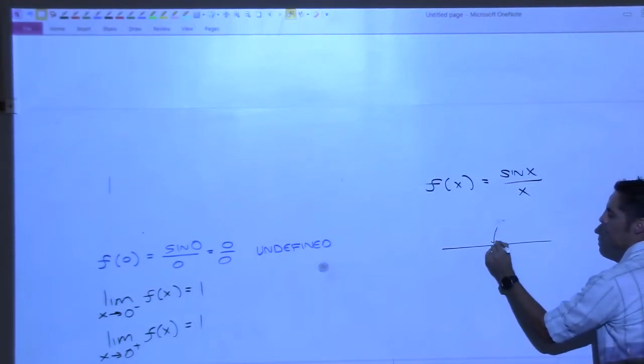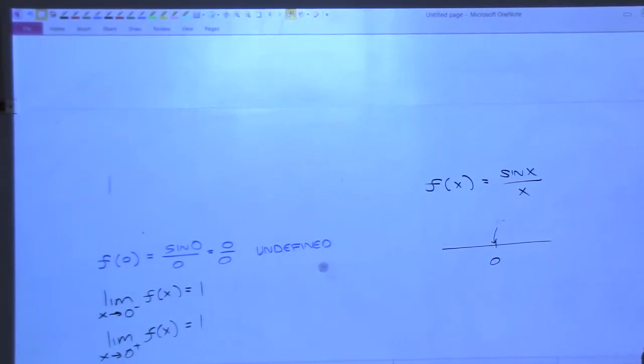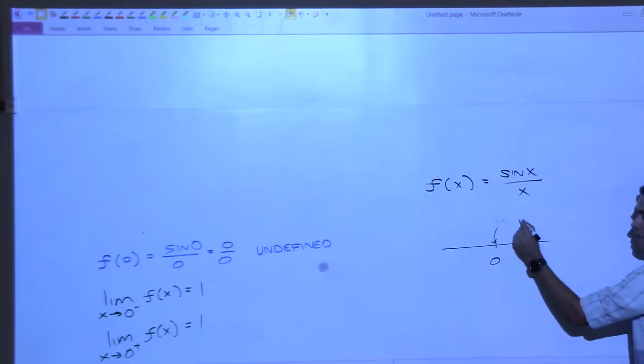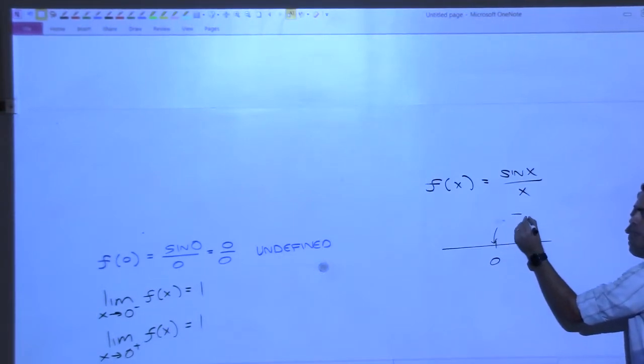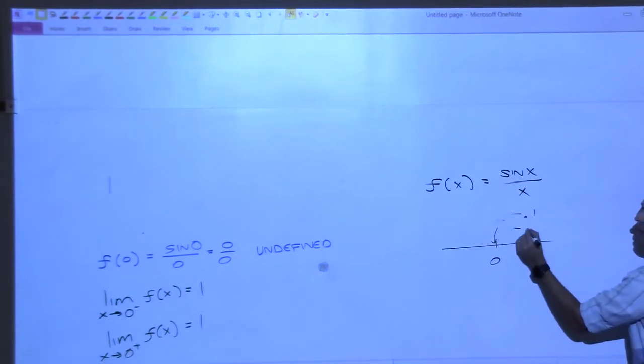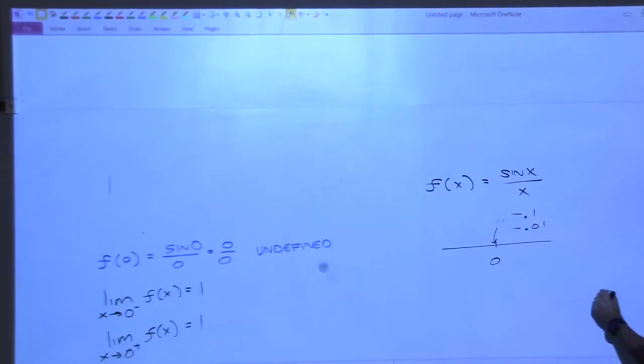How about some things to the left here? I think I just said the wrong thing. I was approaching 1. I take that back. I'm approaching 0 from the left. What are some numbers I could plug in to the left of 0? Negative 0.1. Closer. Negative 0.01. Closer.